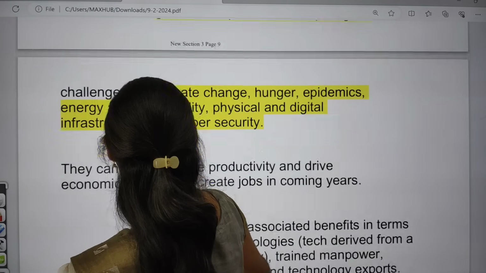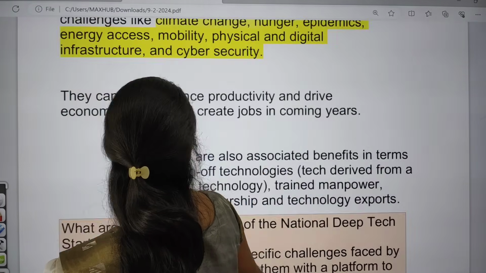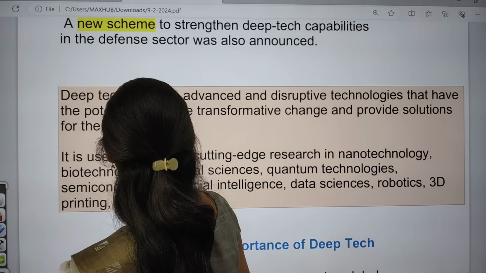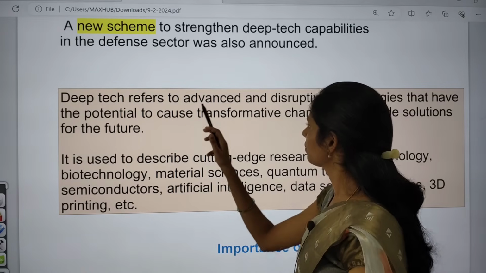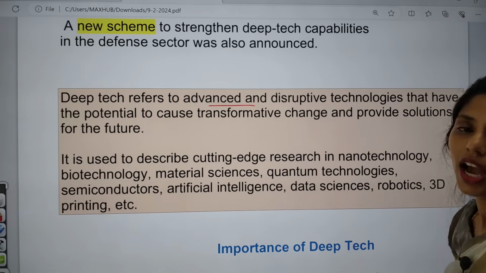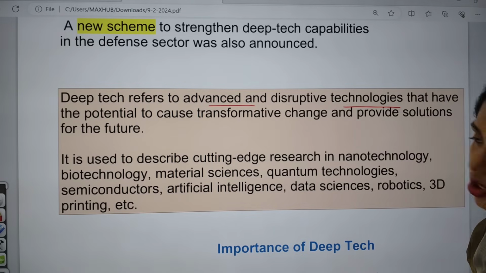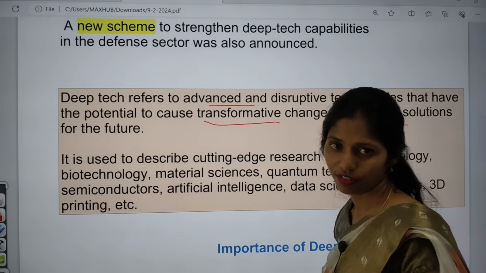So now let us see what this deep technology is. So what is this exactly? Deep technology refers to advanced and disruptive technologies that have the potential to cause transformative change and to provide solutions for the future.